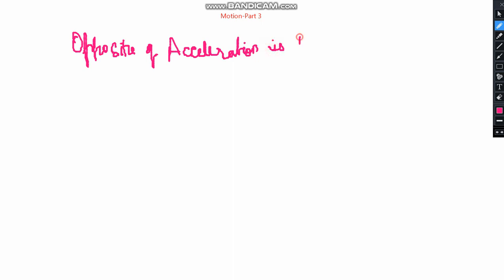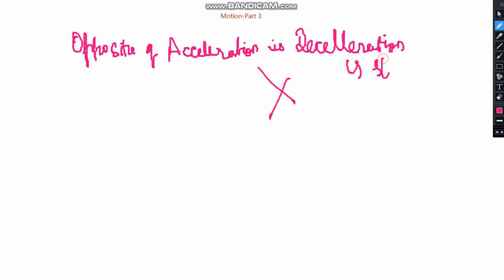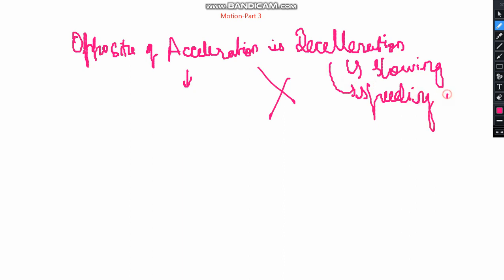Before getting started, let's look at the common misconception. Many people assume that the opposite of acceleration is deceleration. This is absolutely wrong. Deceleration is basically slowing down, and the opposite of deceleration is speeding up. Acceleration is a whole different thing.